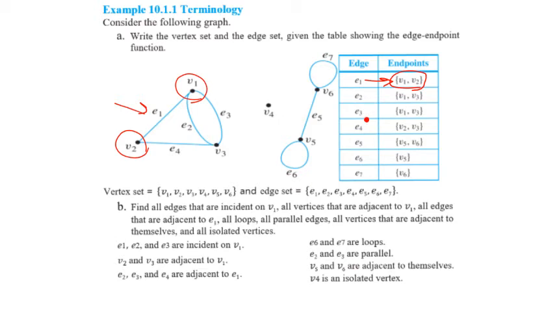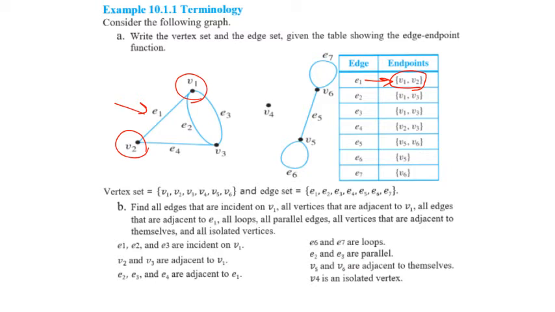The endpoints of E3 are V1 and V3 too, and as you see in this figure, it's obvious that E2 and E3 have the same endpoints, so they are parallel. Because in the definition of parallel edges, we said two edges are parallel if and only if they have the same set of endpoints.